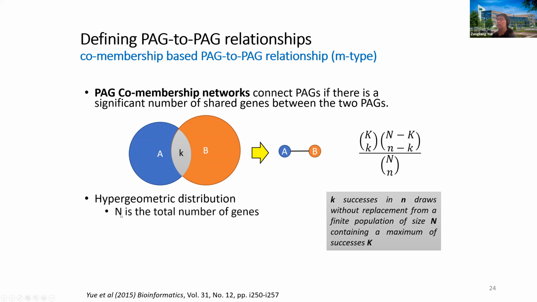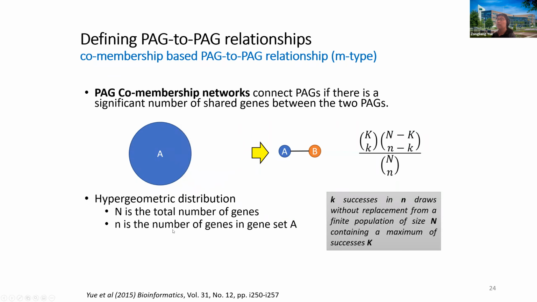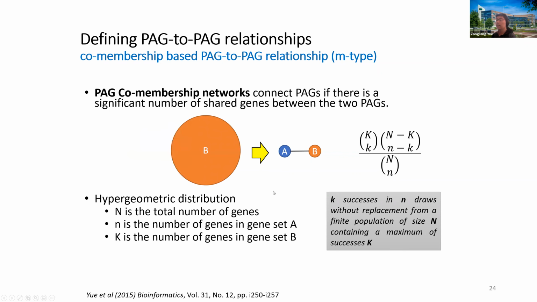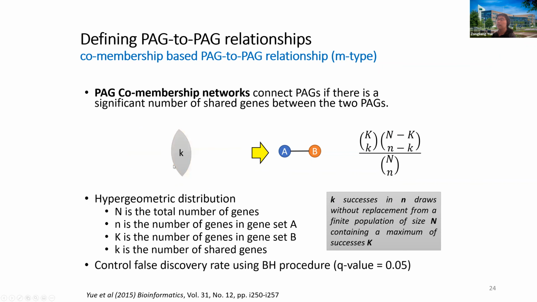Capital N is the total number of genes in the union of PAG-A and PAG-B. Small n is the number of genes in set A, capital K is the number of genes in set B, and small k is the overlap genes. Therefore, we can do this significance evaluation, and we control the false discovery rate using the Benjamini-Hochberg procedure.